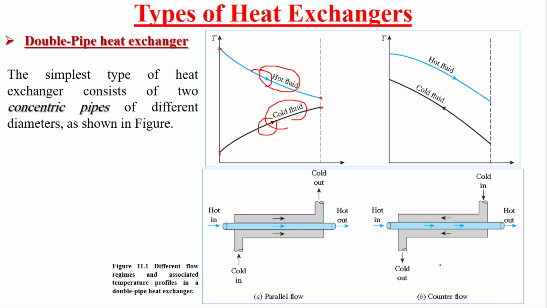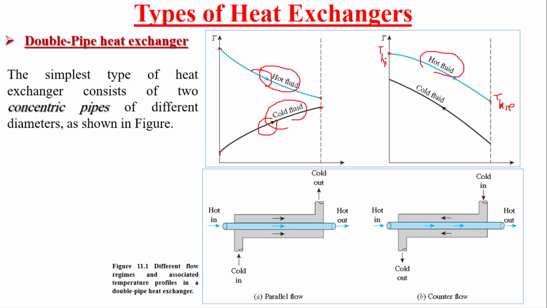Now the counterflow. What do we have? Here we have hot fluid. It enters with high temperature, as in the previous scenario, and it exits with lower temperature. So this is the hot exit.